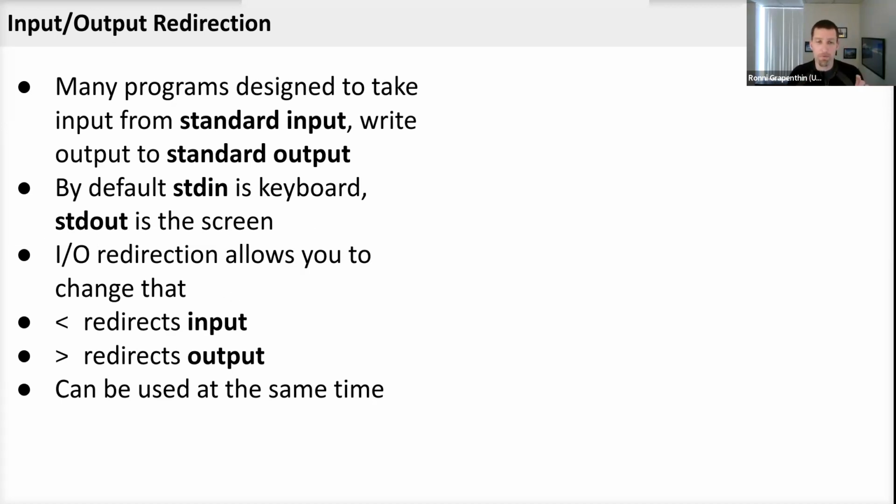Your input is not coming from the keyboard, it is coming from the previous program that's on the other side of that pipe, or it is coming from a different file that exists. You can input with the less than symbol here, and you can, instead of printing things to the screen, redirect them to a file. All of this can be done at the same time.